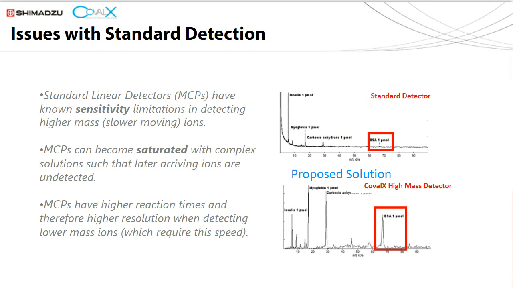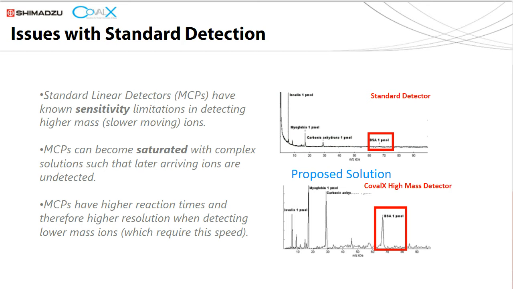This typically becomes noticeable in a time-of-flight experiment in the tens of kilodalton range. It becomes quite significant, and detection becomes limited most of the time with instruments in the hundreds of kilodalton range. And detection of ions in the megadalton range is typically not possible, aside from some of the high mass detection that we'll be featuring in these instruments.